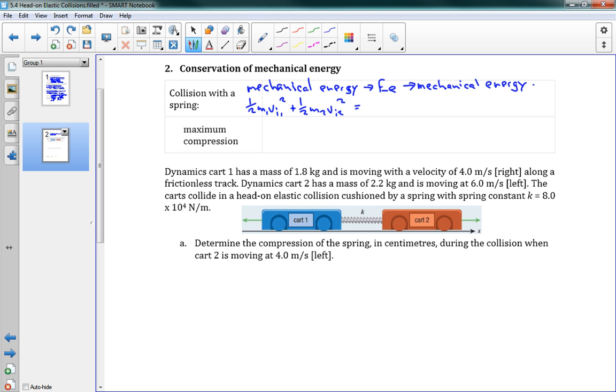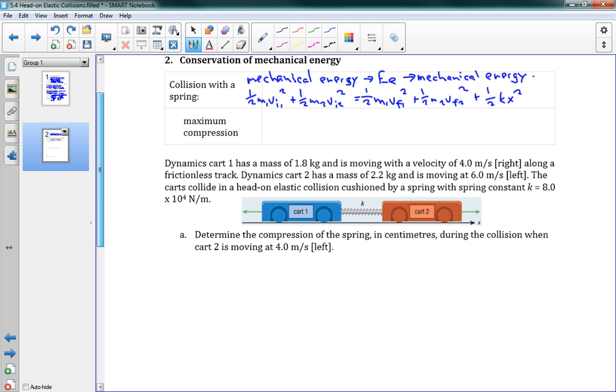Okay, that's the total kinetic energy at the start. Well, it's going to add up to the total kinetic energy at the end, 1/2 m1 vf1 squared, plus 1/2 m2 vf2 squared. But we're also going to have some elastic potential here, so 1/2 kx squared.